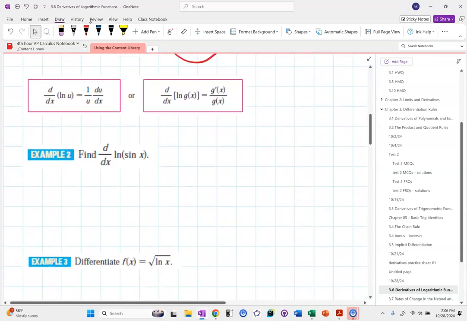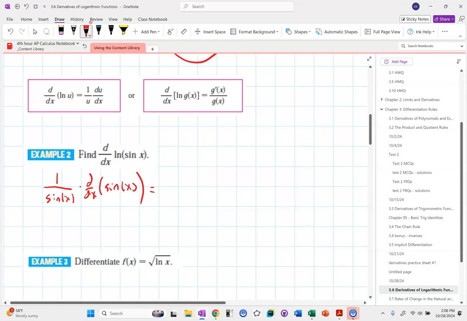All right, let's do another. Let's say we're doing the derivative of the natural log of sine of x. What do you notice here? It's a chain rule, right? What's the outer function? Natural log. So the derivative of natural log is 1 over the inner function, and then times the derivative of the inner function.